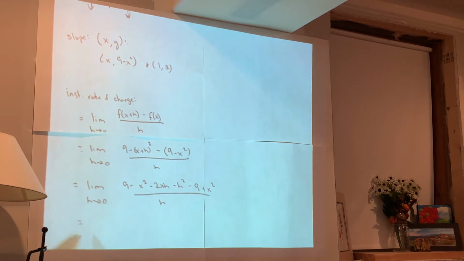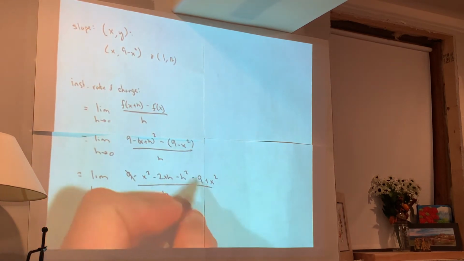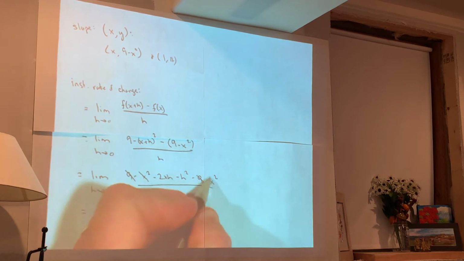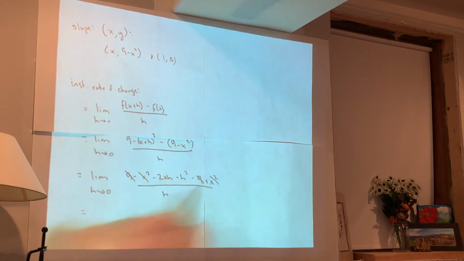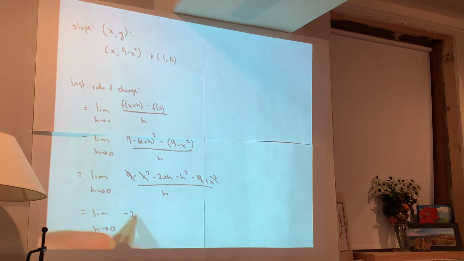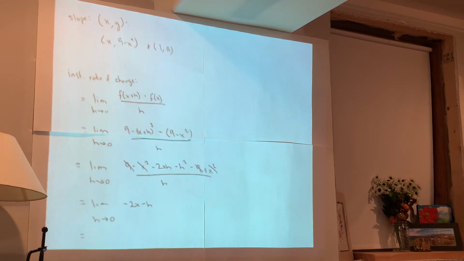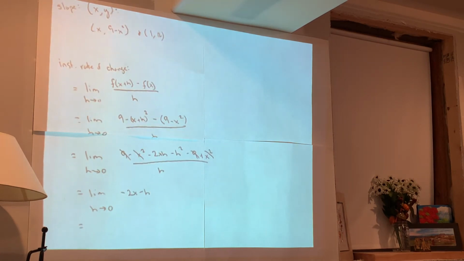Keep simplifying with what cancels: 9 and a negative 9, a negative x squared and a positive x squared. The two terms left over are all divisible by h, so I'm going to cancel the h out of each of those. So you have negative 2x minus h. Well, what is the limit as h approaches 0 of that expression? That would just be negative 2x.